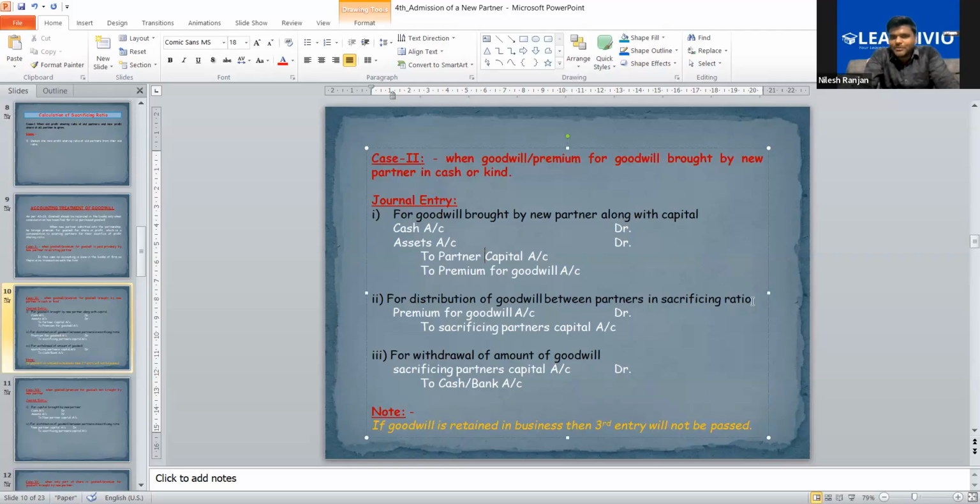So, do you remember the journal entry? No one? Is it capital account to goodwill account? No, that's not correct. Okay, so you don't remember? It was gaining partners' capital account debit to sacrificing partners' capital.